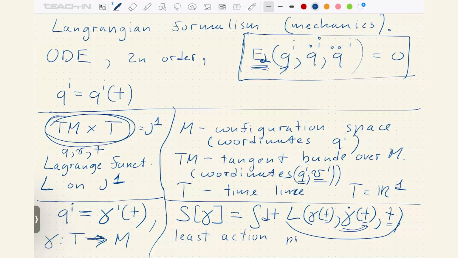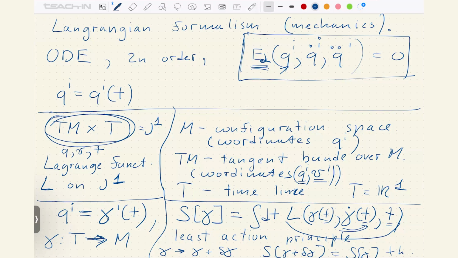Action principle. So what does it mean? It means that we deform our trajectory a little bit. So we go from gamma to infinitesimal variation, and if you want S of gamma plus delta gamma to be just S of gamma plus higher order, there's no linear term in delta gamma.